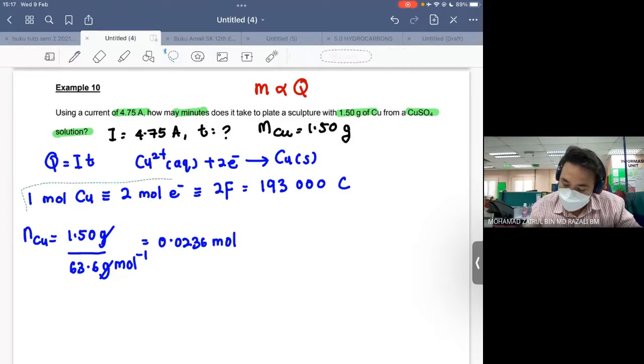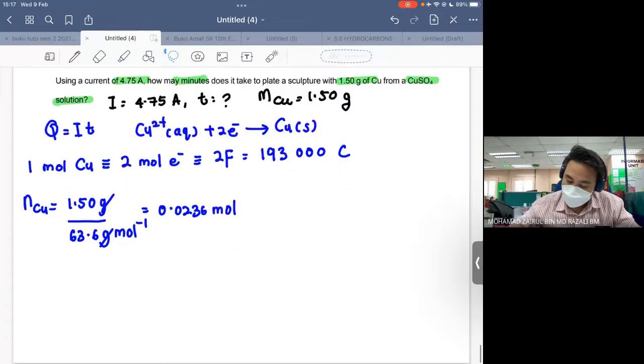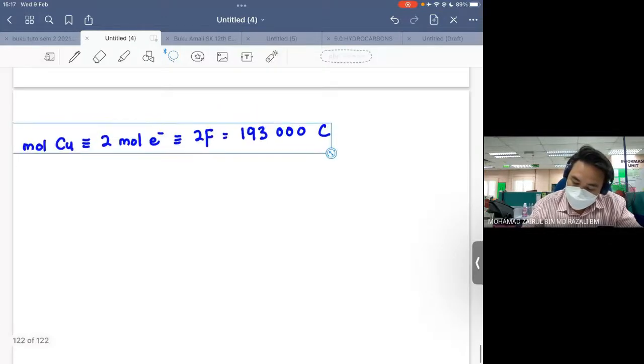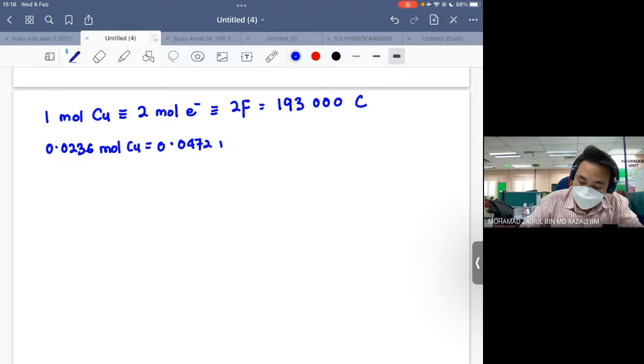So kalau saya salin balik kita punya ni. So sekarang ni kita ada 0.0236 mole of copper. So dia bersamaan dengan 0.0472 mole of electron. Okay.